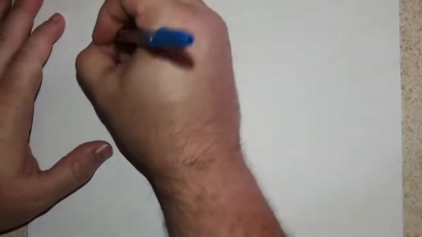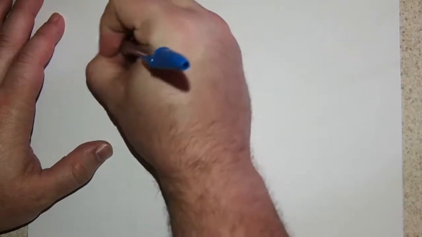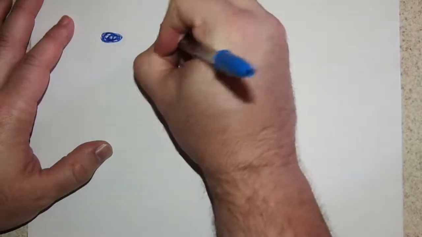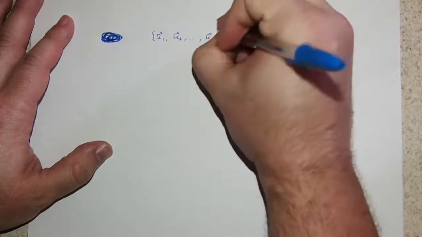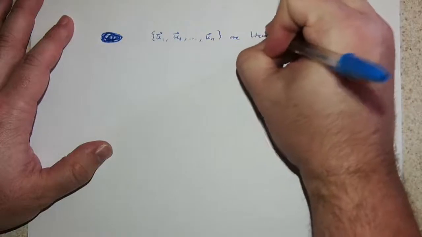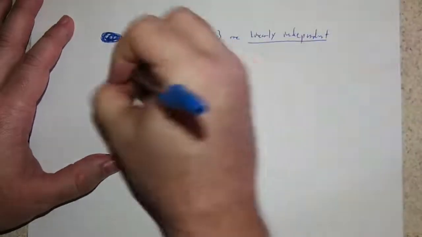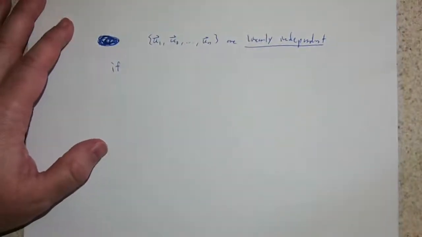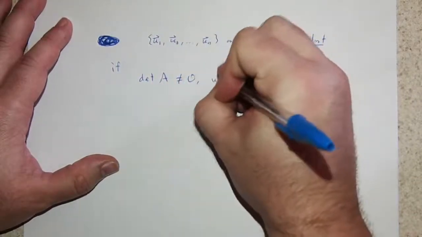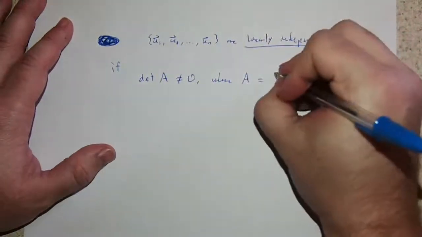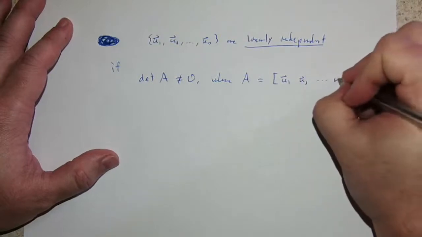Okay, so for us, u1, u2, and so on, to un, are linearly independent if the determinant of A is non-zero, where A is the matrix whose columns are u1, u2 to un.